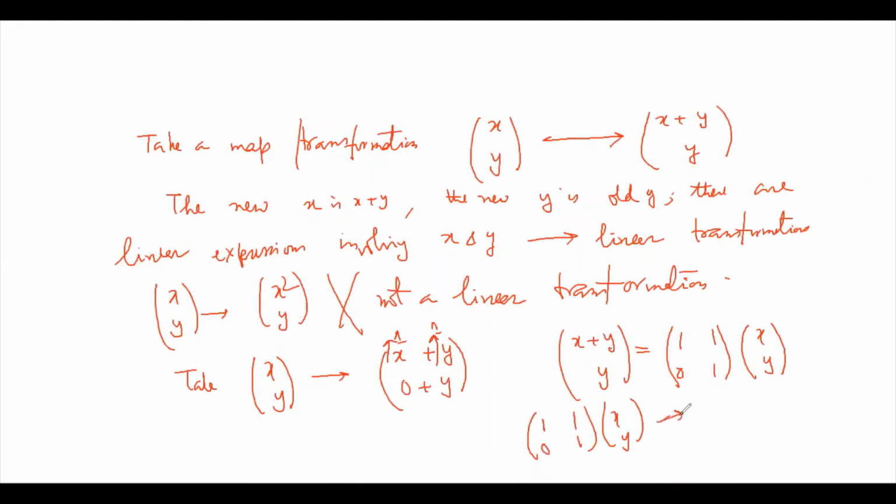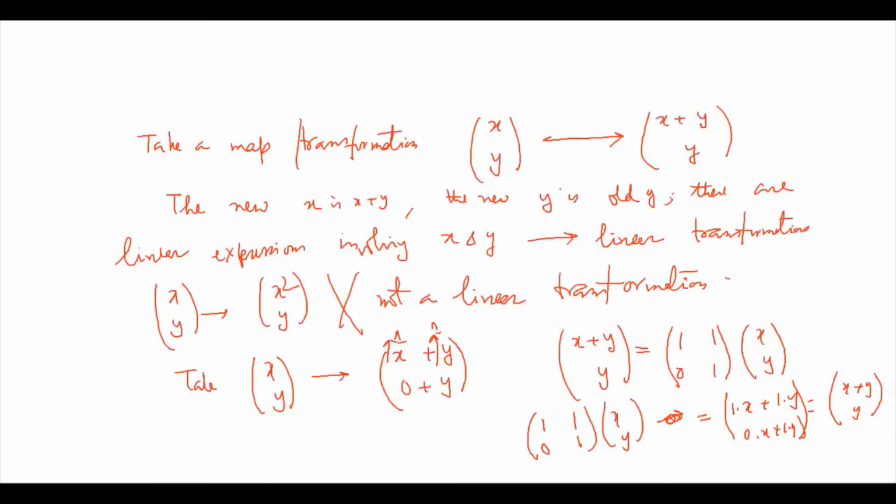So this is equal to this transform, that silly thing that we wrote down, 1 1 0 1. We'll name it soon. But the rule is this is 1 times x plus 1 times y, 0 times x plus 1 times y, which is x plus y, y.